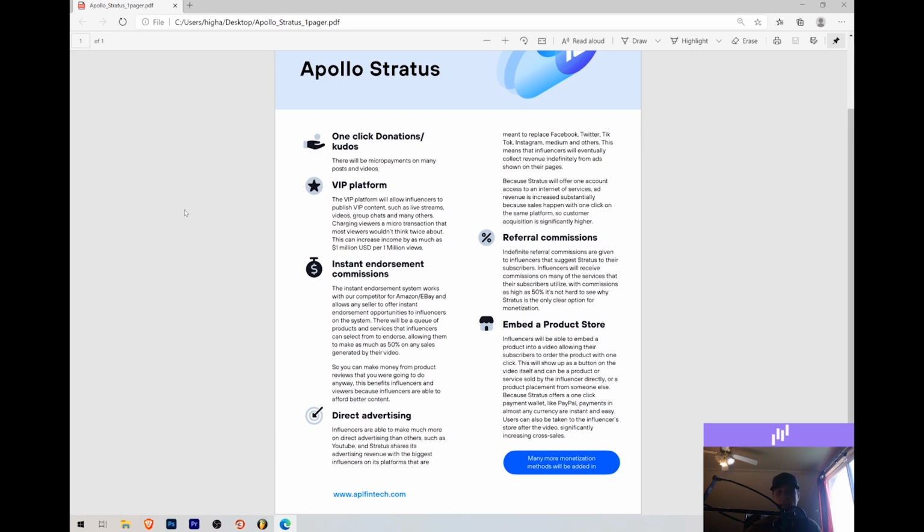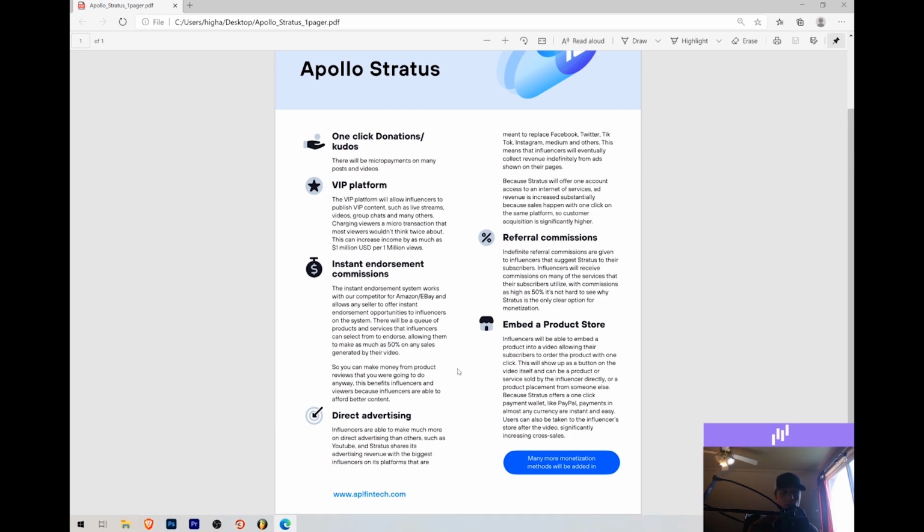And they're giving the example here that it could increase your income up to $1 million per million views on that VIP kind of area. So that's really interesting to me, these ideas of taking blockchain technology and integrating it with stuff like social media platforms to benefit influencers in a lot bigger way.